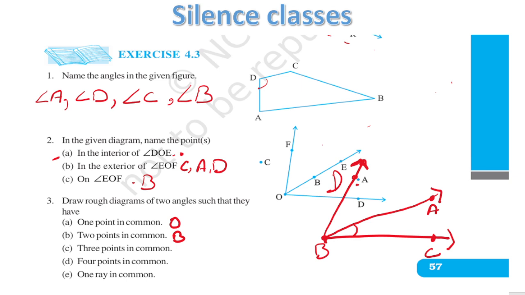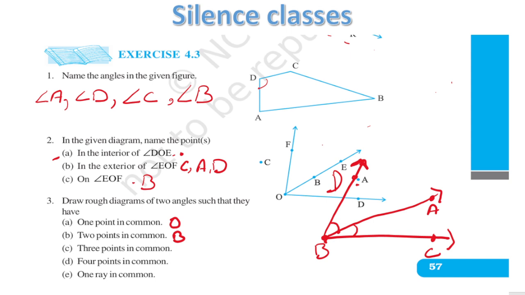And if I take angle DBC, there is also one point which is common, that is B. B is common in that also.